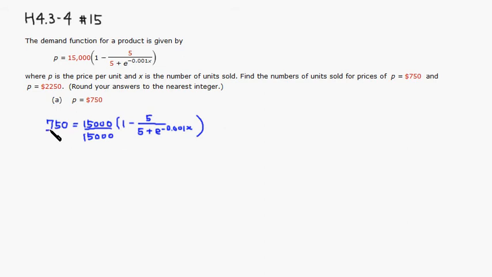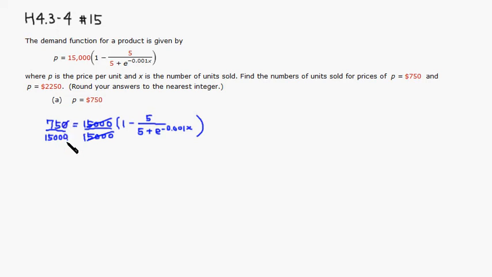Divide this side by 15,000 as well. This way, the 15,000 here and the 15,000 here cancel out. Then I'm going to simplify this a little more.